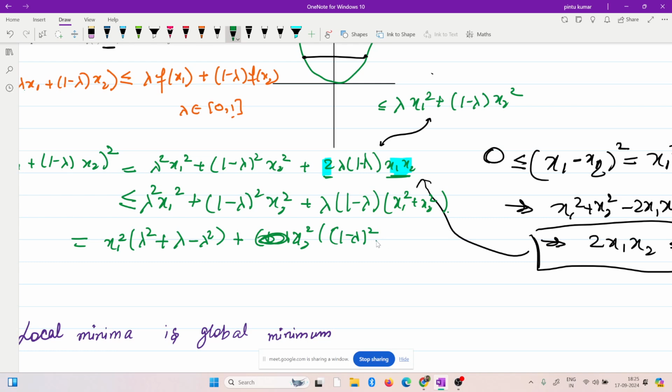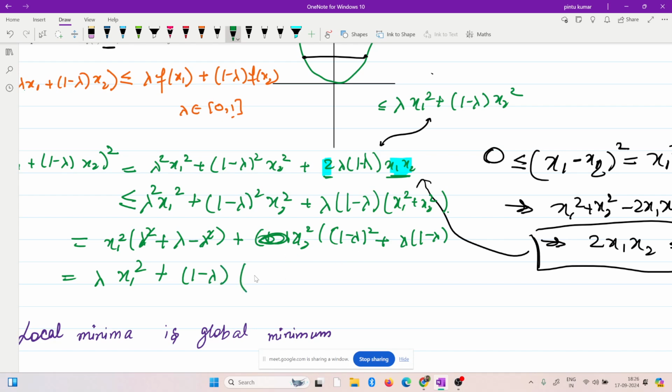Then we have plus lambda into 1 minus lambda, right? So if you evaluate this thing, this becomes x1 square. These things get cancelled out, so you have only lambda left. So we can just rewrite it cleanly as lambda times x1 square plus you can take 1 minus lambda common over here.